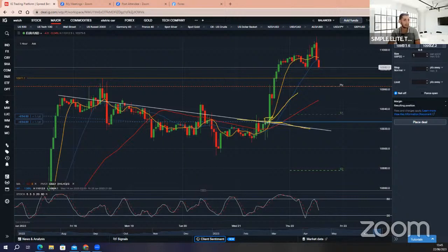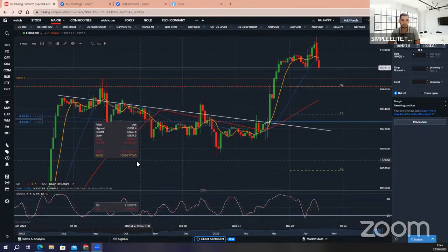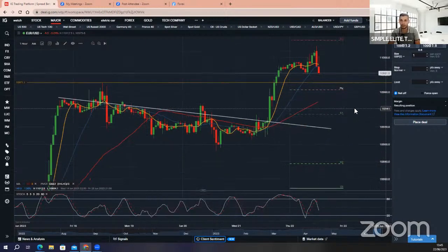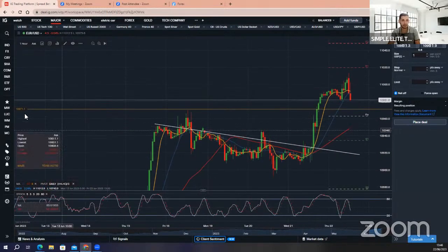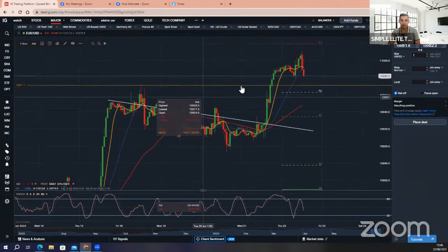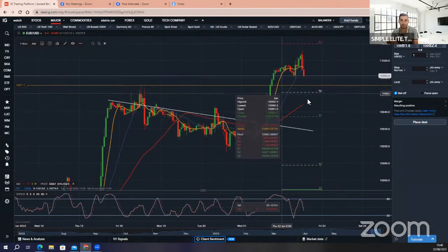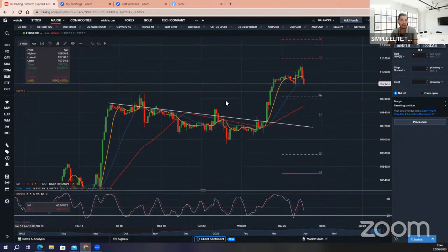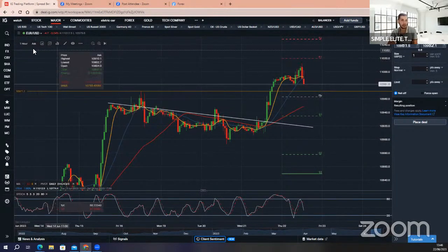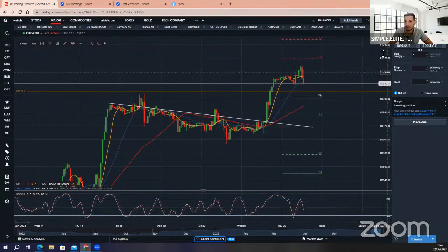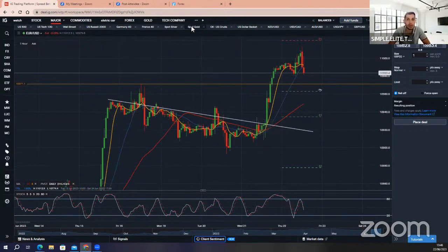So let's see later on if price still stays above this 197 and if it's going to reject the daily pivot. I will add if I can see nice bullish price action before the opening. So just waiting for me.